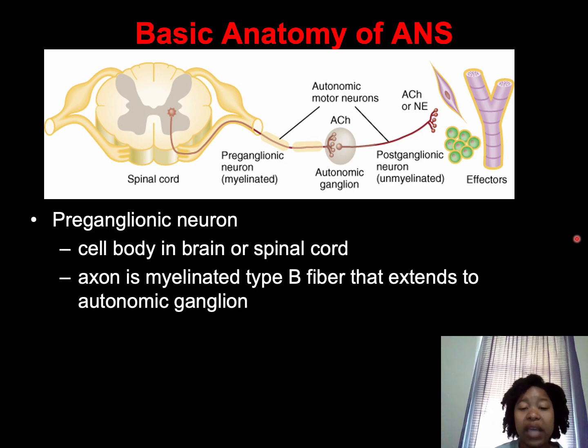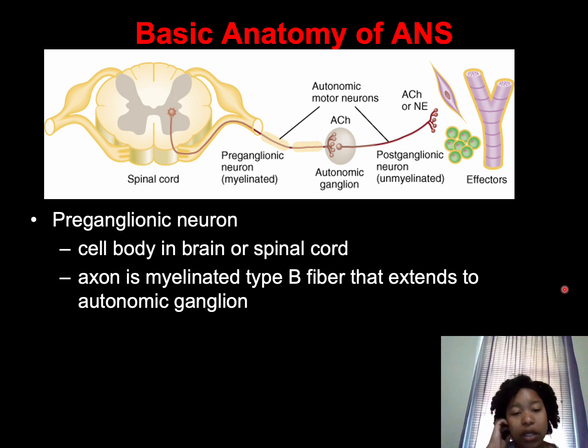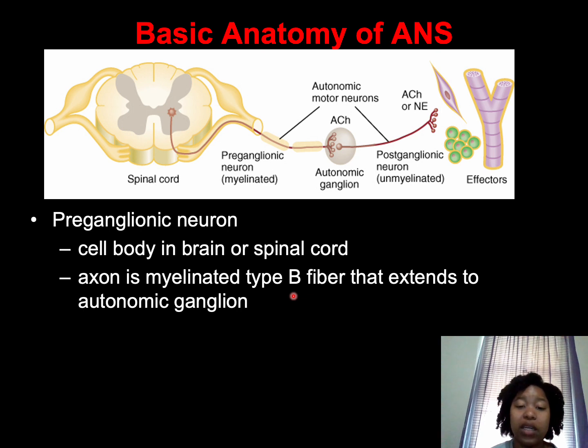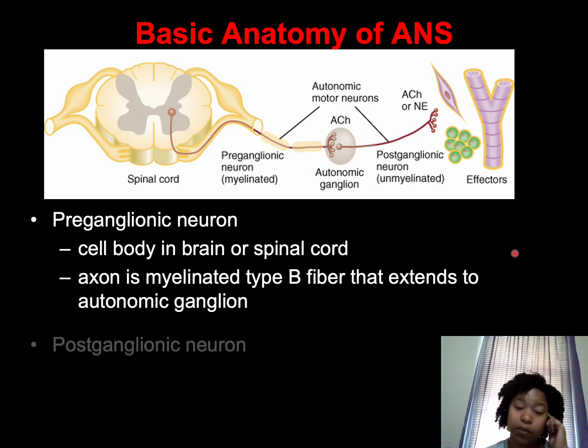The axon is a myelinated type B fiber, and that's going to extend to the autonomic ganglion. So remember, the cell bodies, the nuclei, are in the central nervous system, and ganglia are in the peripheral nervous system. So in this particular case, that preganglionic fiber is going to make it to the autonomic ganglion.